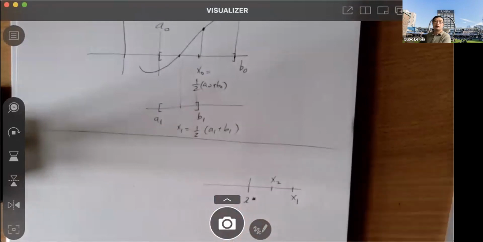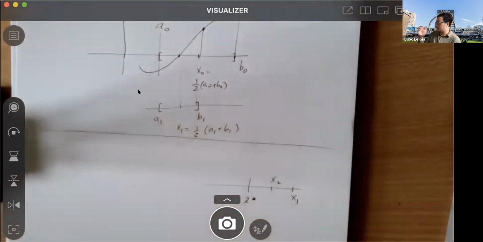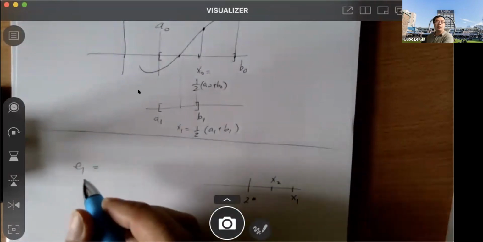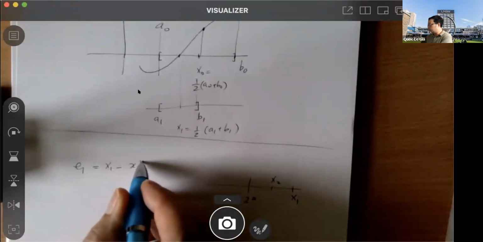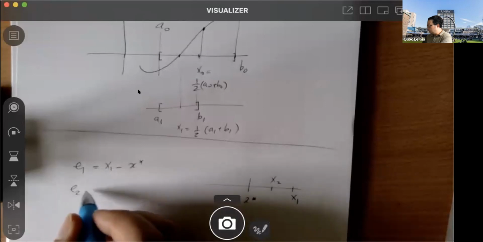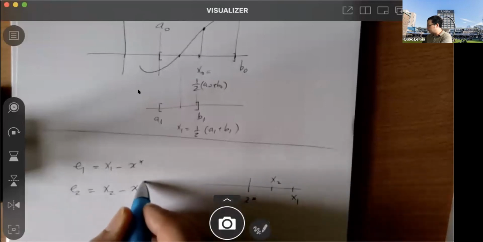Now what is the error? The error E1 equals x1 minus x star, and E2 is x2 minus x star.